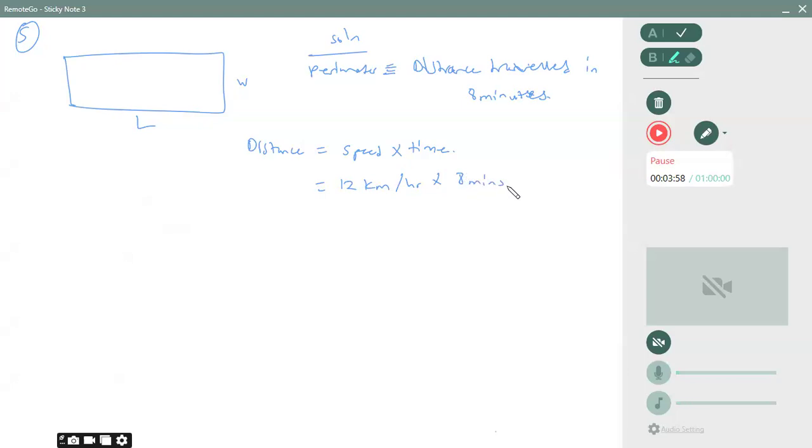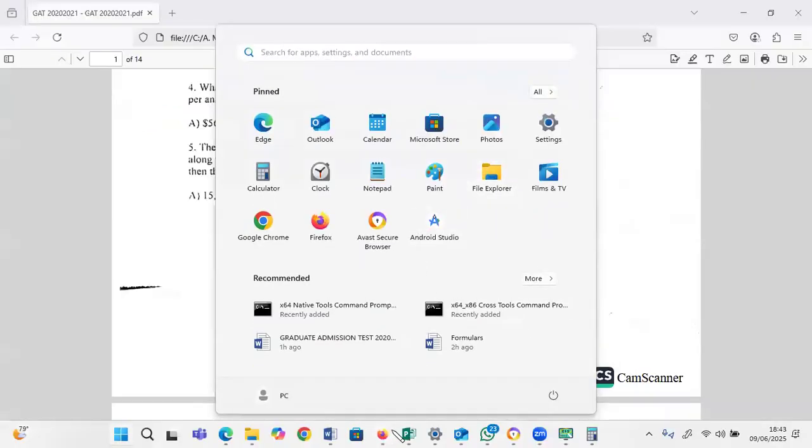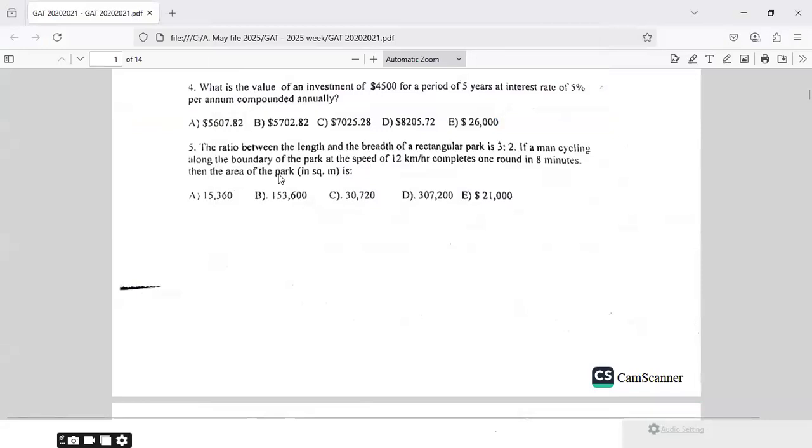But what we need to do is convert this one. Remember, our distance in this case has to be in meters, because we have square meters. When you look at the question, they said the area of the park in square meters.